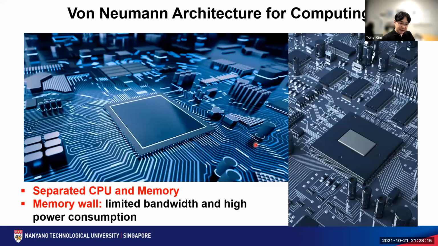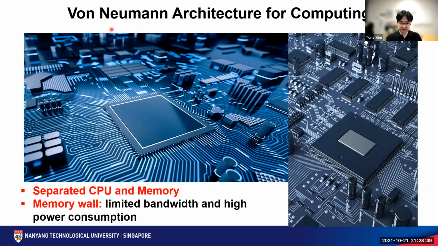Another key issue that we have to tackle when we implement artificial intelligence or machine learning is the computing architecture. I don't know how many of you are familiar with computing architecture, but the von Neumann architecture has been used as the traditional computing architecture, and all your PCs, laptops, even cell phones are mostly based on von Neumann architectures.